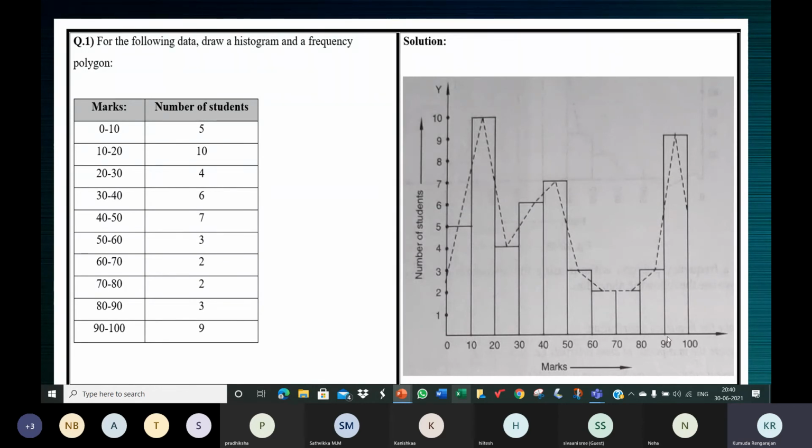This is the x-axis, and the polygon is closed with respect to it. So if the heading was draw a frequency polygon with the help of a histogram, you make the histogram first and then the dotted lines which represent the frequency polygon. This is exactly what it is to draw a frequency polygon with the help of a histogram.